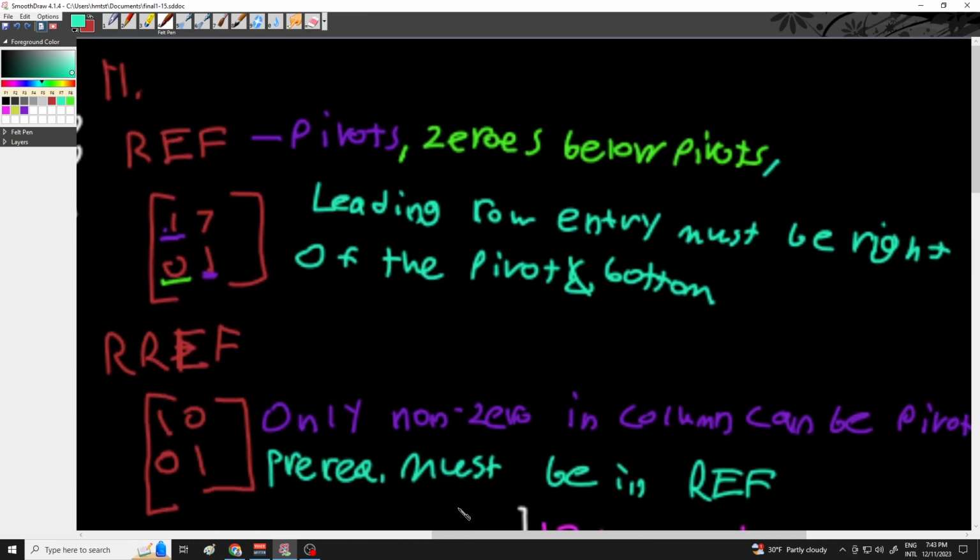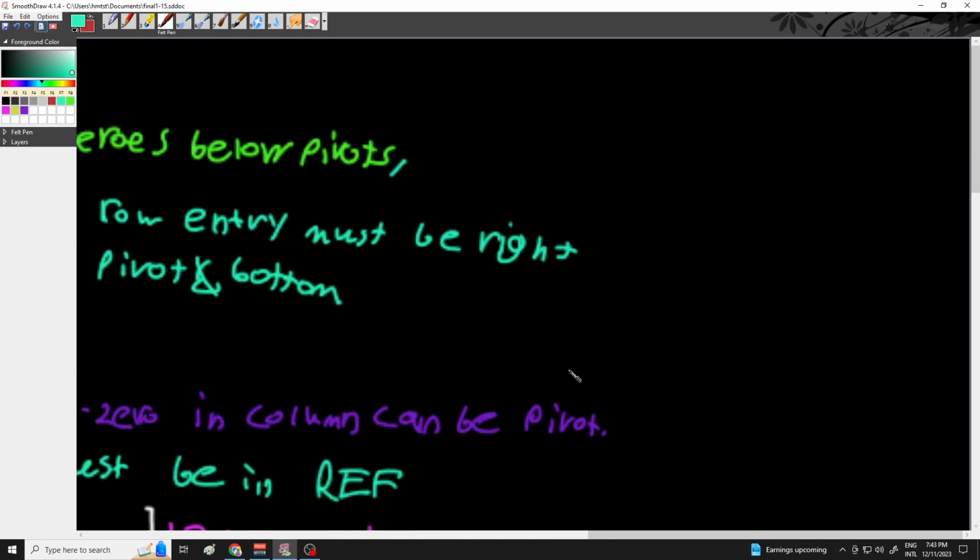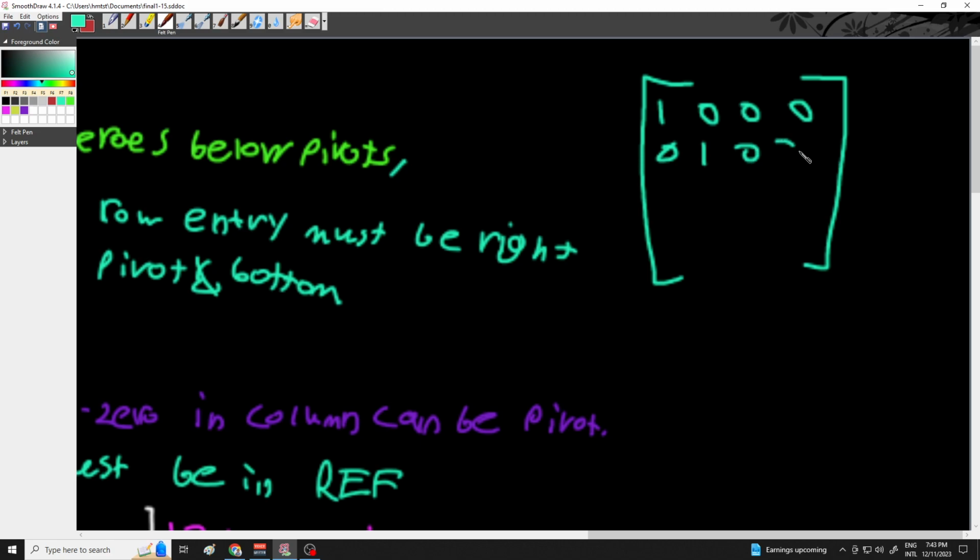For reduced row echelon formation, or I don't remember what it's called, it has to have a zero in every single thing that isn't a pivot. So what that means is it has to look something like this.